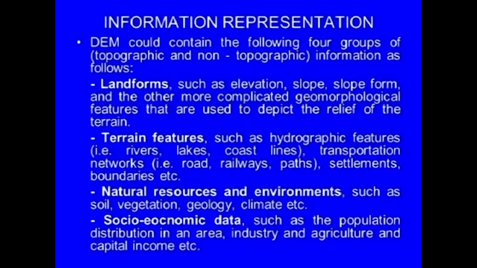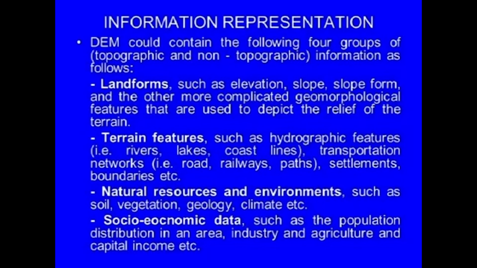Now, let us look at what information can be represented through a DEM. A DEM could contain the following 4 groups of topographic and non-topographic information. First, landforms such as elevation, slope, slope form and other more complicated geomorphological features that are used to depict the relief of the terrain.